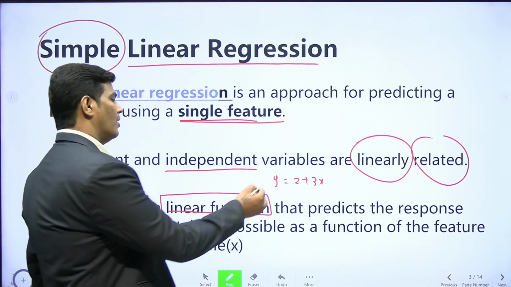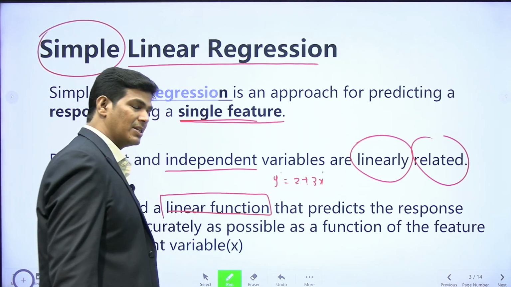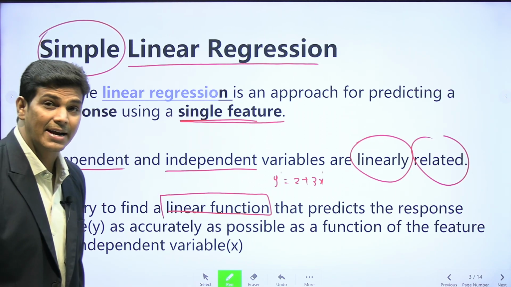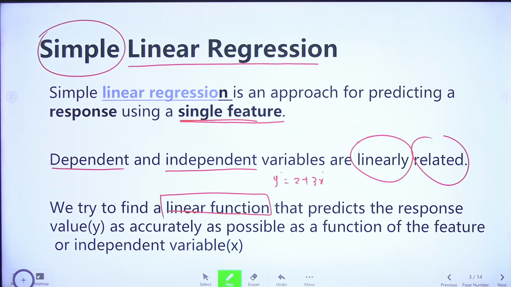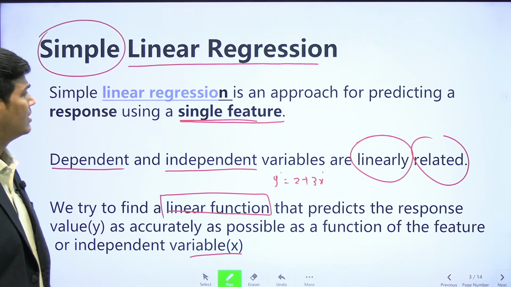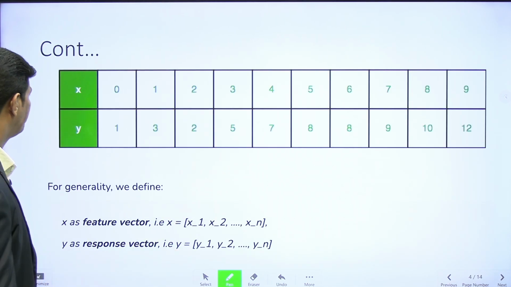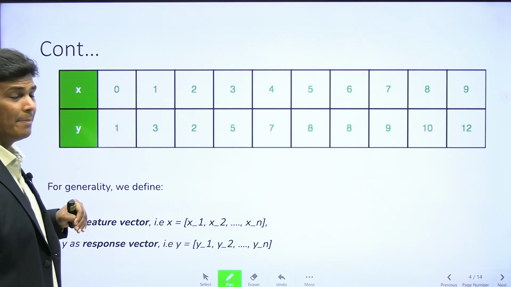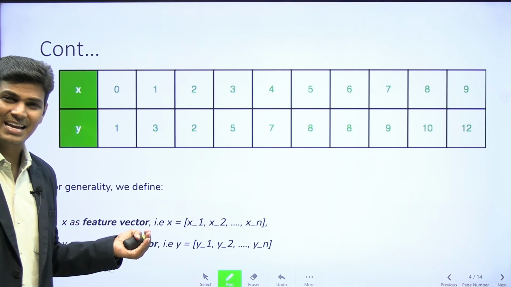Yes, because the power of y is 1 and the power of x is 1, so it is a linear function. So we try to find a linear function that predicts the response. Here we are predicting the value of y using the variable x. Let's understand this concept using one example. Here we have two variables because we are talking about simple linear regression.